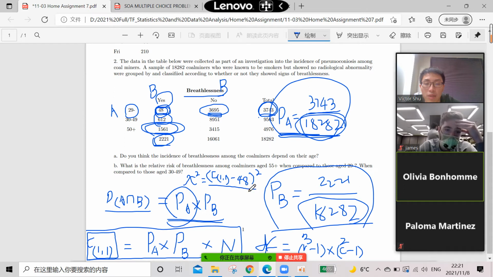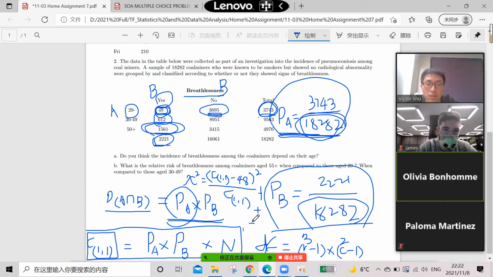Divided by the theoretical number, our calculated contingency table C11. So this is the chi-square of the first data, and we have 6 data, so we should do this 6 times.